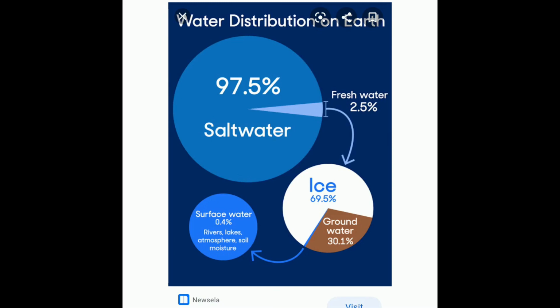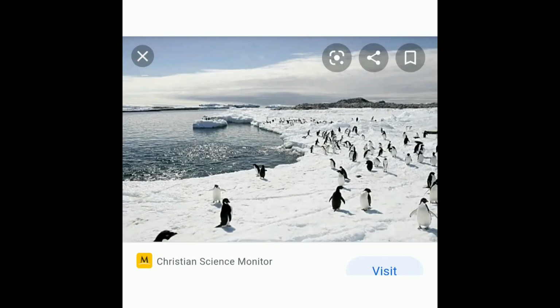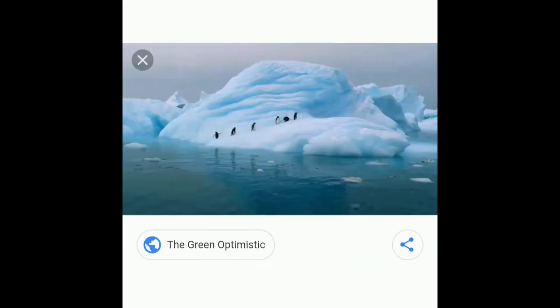Observe these pictures. These are the pictures of poles of Earth. That is North Pole, Arctic region, and South Pole, that is Antarctic region. These places are densely covered with thick coverings of snow. Not only poles, there are other regions of Earth covered with snow. The major portion of pure water is found in the form of snow.